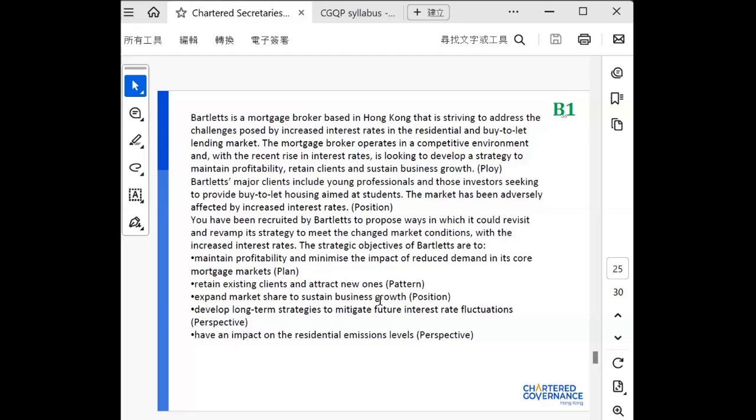So for Ballard, I think developing a strategy to respond to increased interest rate and competitive pressure could be a ploy. So it's calculated to move the market position and avoid losing clients to the rivals.